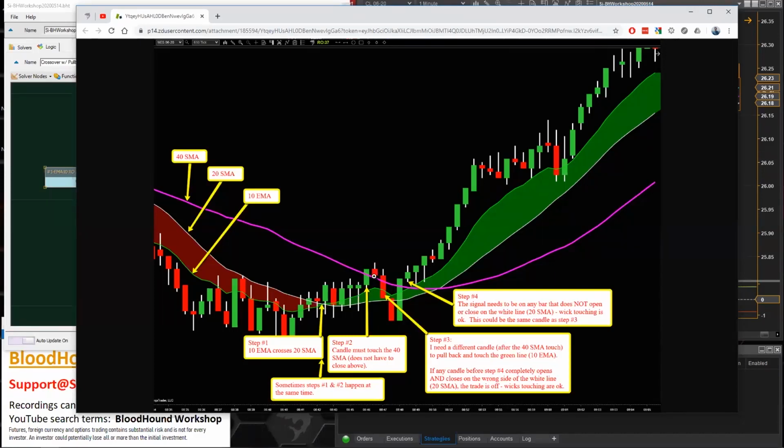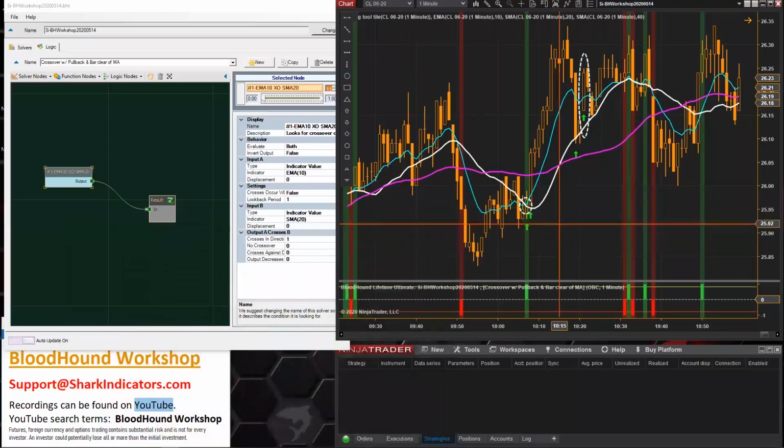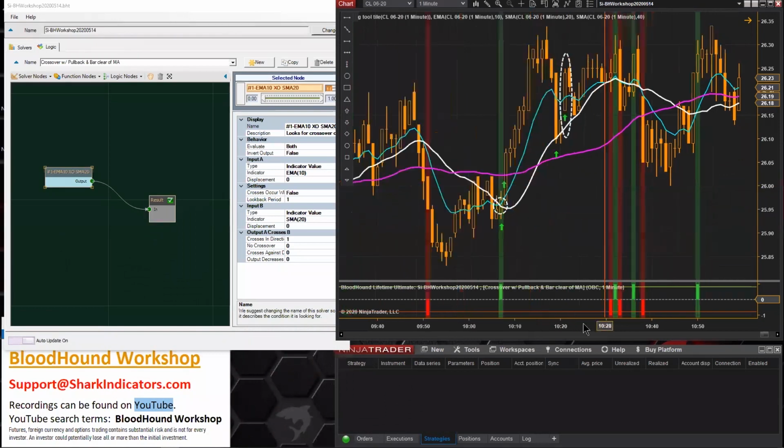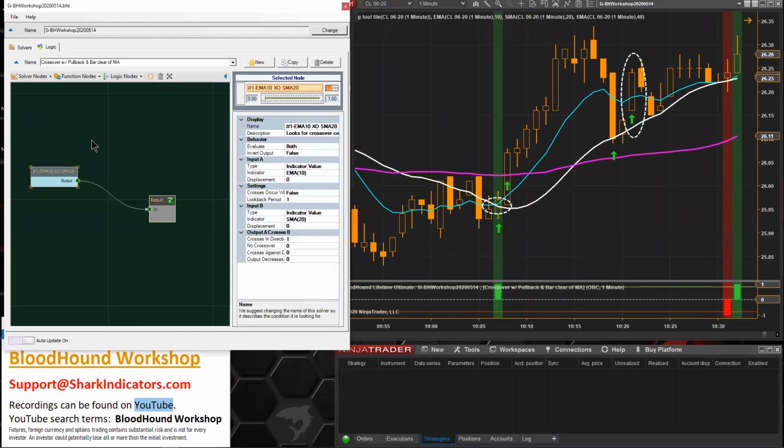So we need the high price to be above the SMA 40. That is this bar right there. Let's stretch this out a little bit. That bar right there touched it.